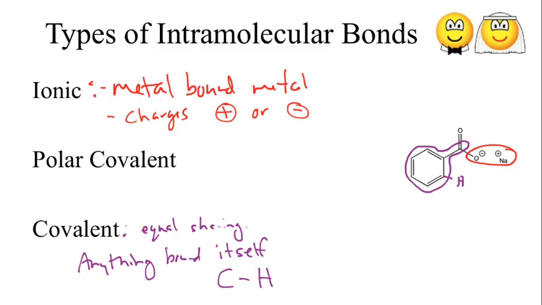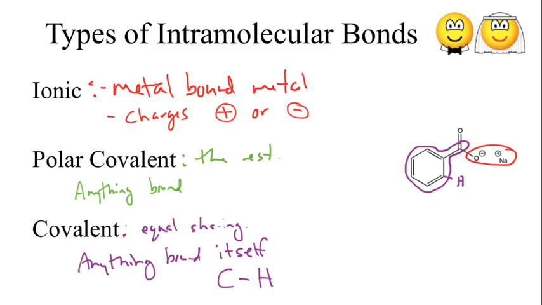And then what I would typically say is the more difficult one is your polar covalent bonds, which pretty much covers the rest of it. Okay. As a general rule of thumb, I would recommend that you remember anything bound to an electronegative element, but because this is organic chemistry, we can simplify that.